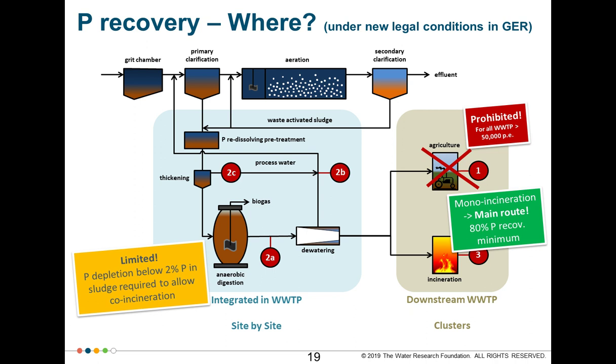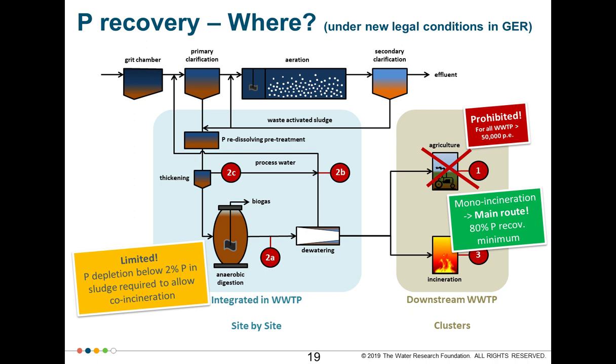If you want to recover phosphorus on-site at your wastewater treatment plant, then you have to deplete the P content below 2% or 20 grams P per kilogram dry solids. And of course, it will only make sense if you have a nearby co-incineration capacity you can use.